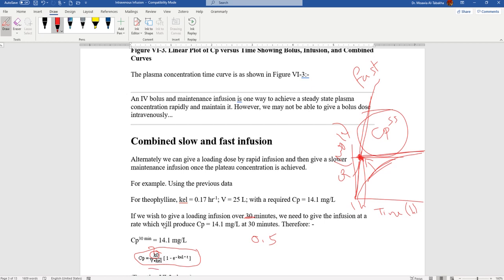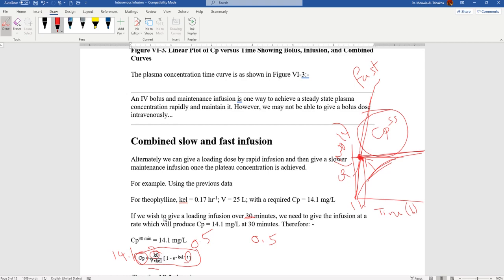We know V times KEL, we know that. 1 minus e to the power of minus KL t, we know that. And t is what? Half an hour. Now CP is the CPSS I want to reach in half an hour, which is 14.1. So if I do that, the only missing value is here, K0.